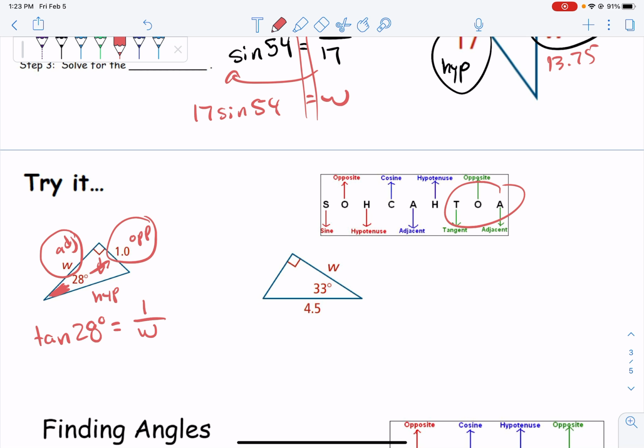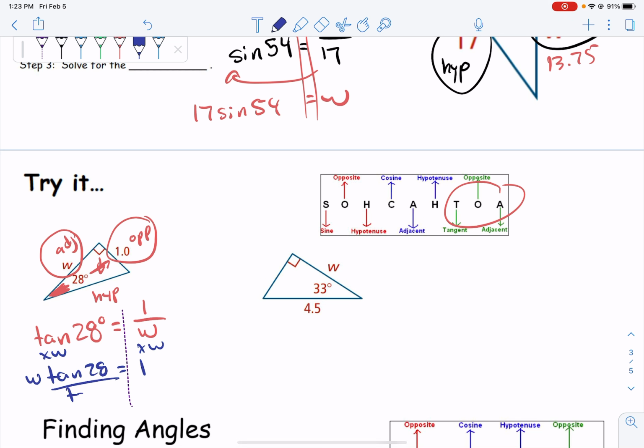And now I've got to do my railroad tracks, which some of you haven't done a lot with W on the bottom. We treat it just like a number. I want to get W alone, but right now it's on the bottom, so I've got to multiply both sides times W. So I get W tangent 28 equals 1. Now I've got W multiplied by the tangent of 28. Well, the opposite of multiplying is dividing by the tangent of 28.